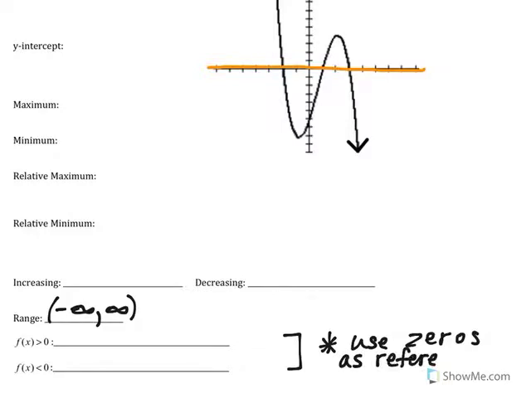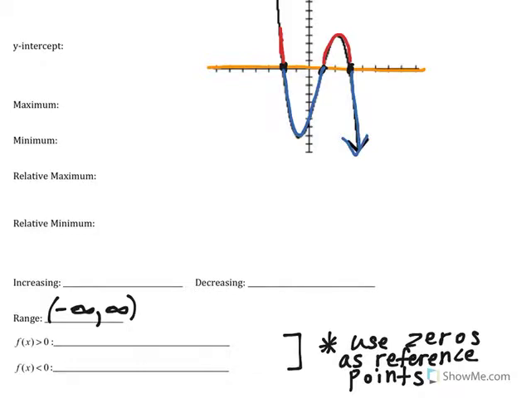And again, use the x values because the zeros have 0 as your y value. So these 3 points are what we're using in terms of coming up with that information. And then I'm just going to put in red where it's greater than 0, and then in blue where it's less than 0. And that's going to help us determine those things.